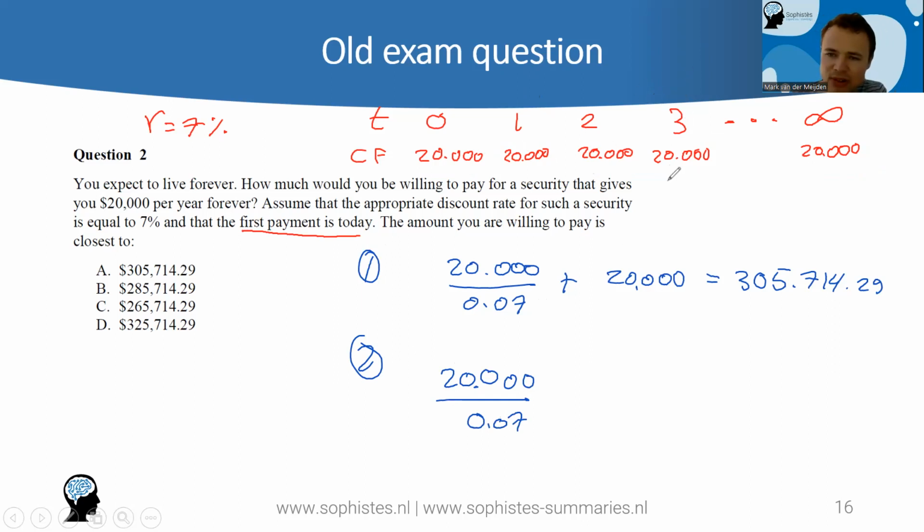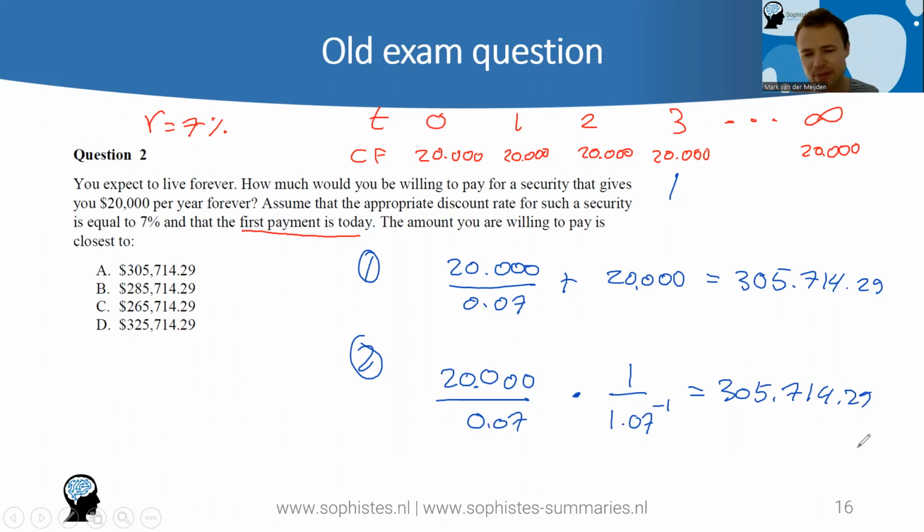But for example, if your actual first cash flow would be in year 3, you would also do 1 divided by 1.07 to the power of 2, if your first cash flow would be in 3 instead of 1. Because you do the actual year minus 1 always, right? That's how it worked in the previous example. The actual year minus 1 to get this 2, for example. Here, the actual year is 0, so you do 0 minus 1 like this. And that also would give you 305,714.29.